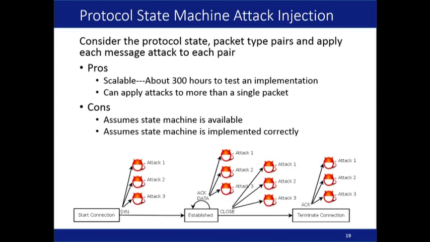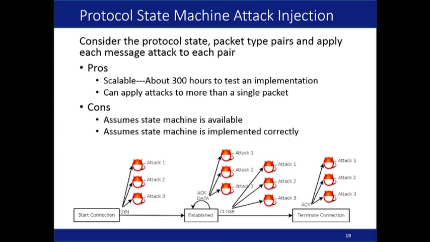The downsides of this approach are that it assumes that the state machine is available. In practice, this turns out to not be a huge issue because for most transport protocols, the state machine is explicitly specified in the protocol's RFC, specification document, usually as an ASCII art diagram that's easy to convert into the representation that we use.